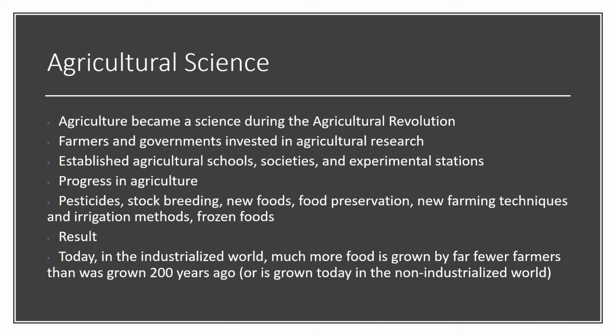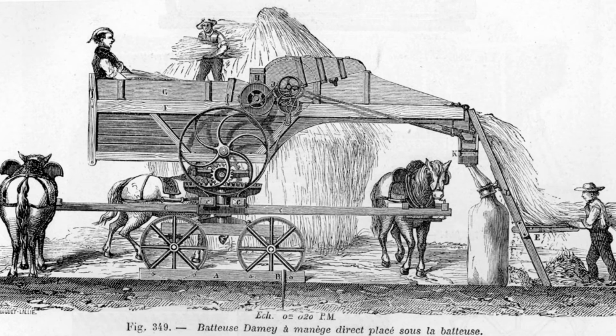As a result, in the post-industrial world that we live in today, food is grown by far fewer farmers than 200 years ago, and we can literally just go to the grocery store and pick up what is needed instead of relying on what is available locally. Here is an example of a thresher, with the work and volume done by fewer people.